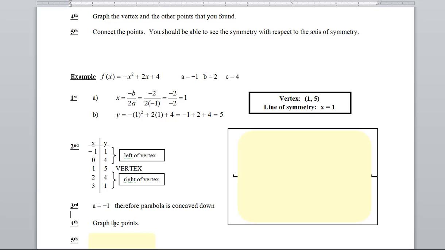What did I do here? Oh, graph the points. So I went ahead and did that. You need to go ahead and do it on yours. See if you can graph the points and also put in your axis of symmetry, because I'm going to delete that, and there they are.